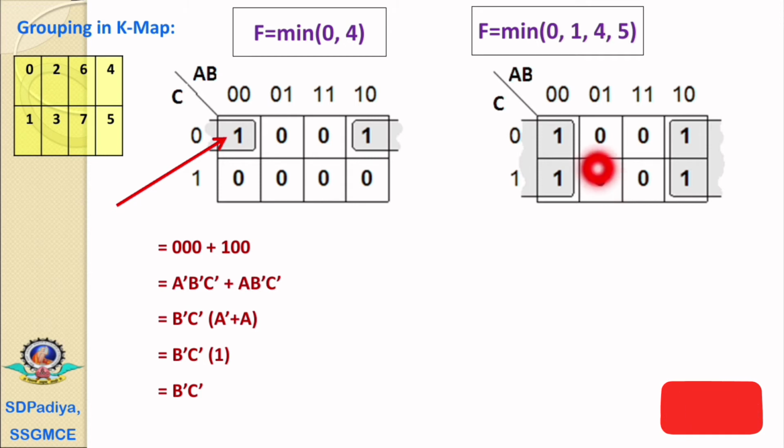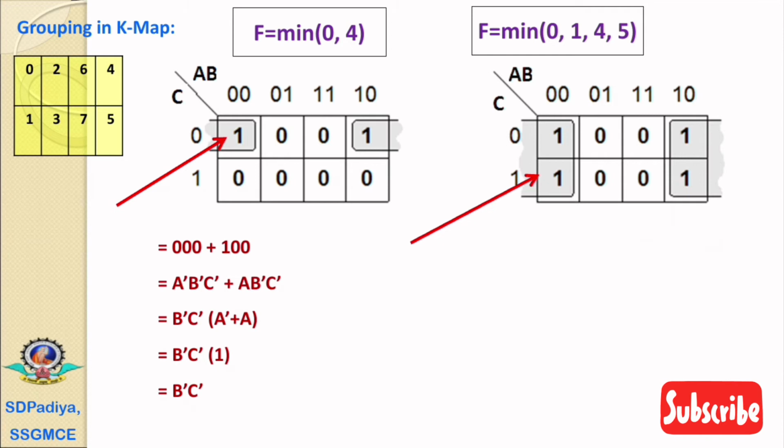Therefore, these cells are 1, 1, 1, 1. Now, to form the group, if we observe the first column and last column, these are adjacent columns, and here we can form a group of 4 cells. That is what we call a quad.